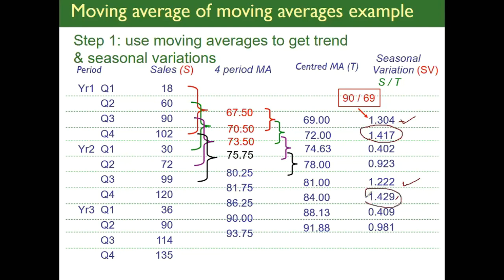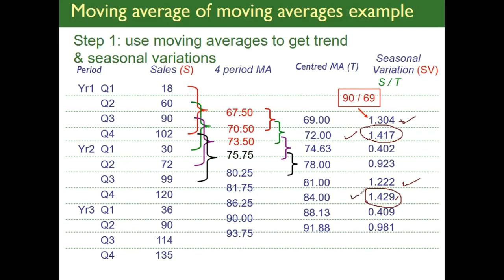So now we've got some trouble. The relationship between the trend and the actual value, we've got 2 different numbers. We've got 2 values for each quarter. Which one should we use? Should we use 1.417 or should we use 1.429?